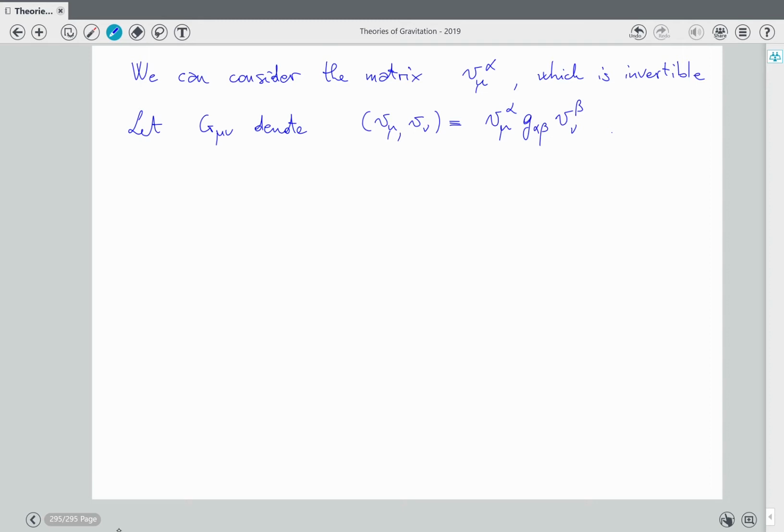and let capital G with upper indices denote the inverse of capital G with lower indices mu nu.